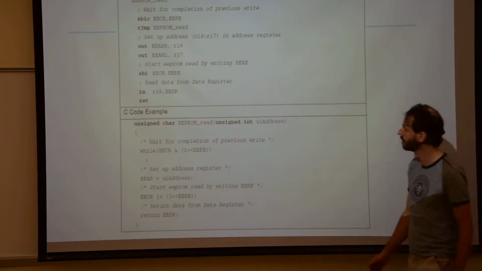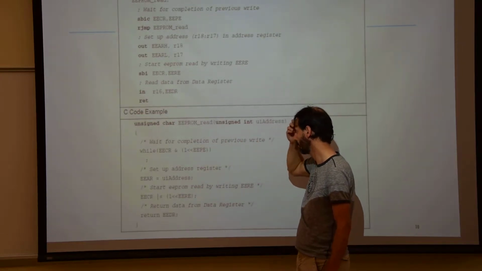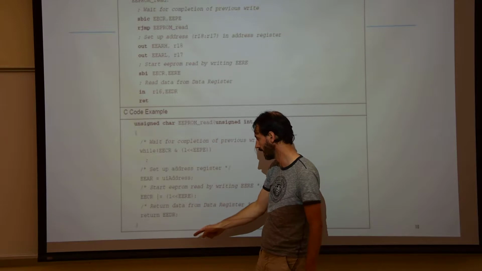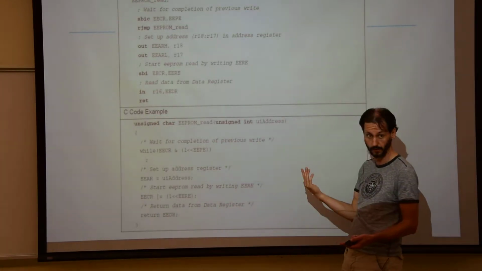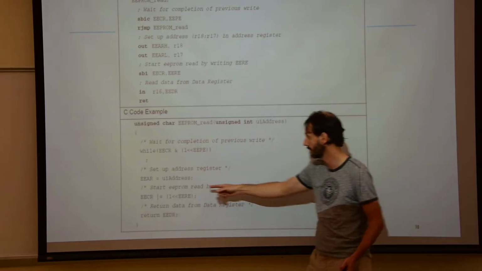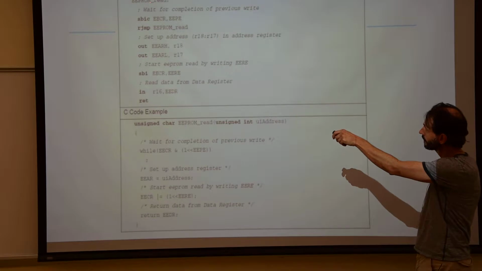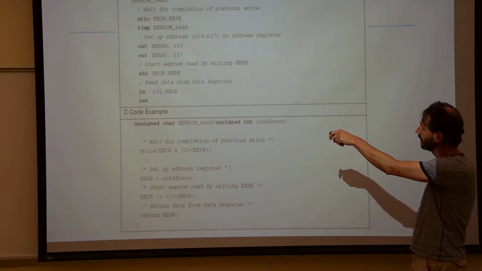So here we have the read. It's the exact same piece of code, but instead of setting up also the data register, essentially now return what was in the data register, because that's what you read from that particular address over here. Have a quick look also at the assembly code. So you see these types of instructions. So if you're interested, you can have a look what all of this truly means.